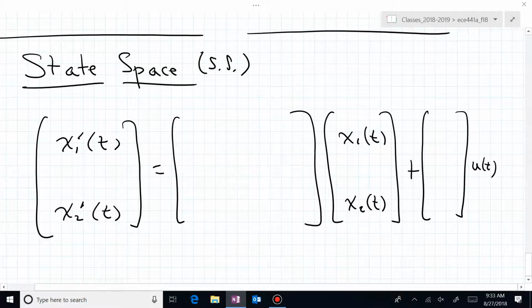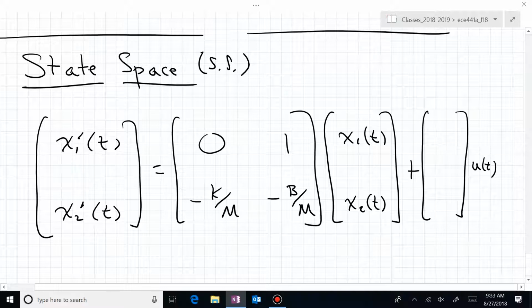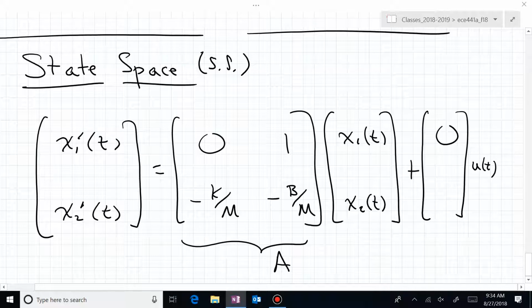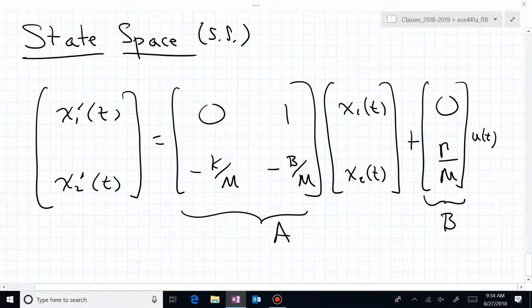And we've done that already. Let me fill in the blanks. We have a 2 by 2 matrix. The interesting structure is in the second row of the A matrix. There's our system matrix. Our input matrix had a 0 top row and a gamma over m bottom, or second, row. There's our B matrix.